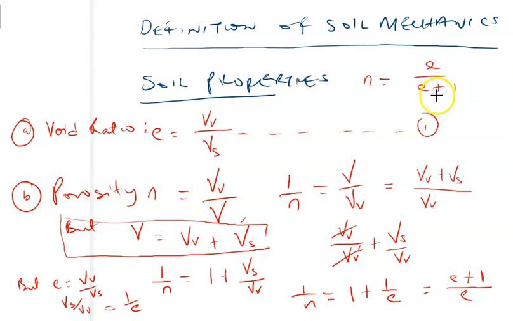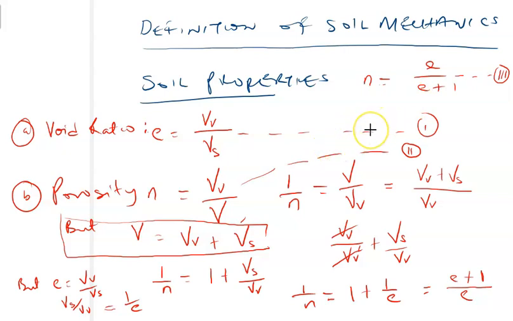So this becomes our equation 3, because this one is equation 2. This is the relationship between void ratio and porosity.